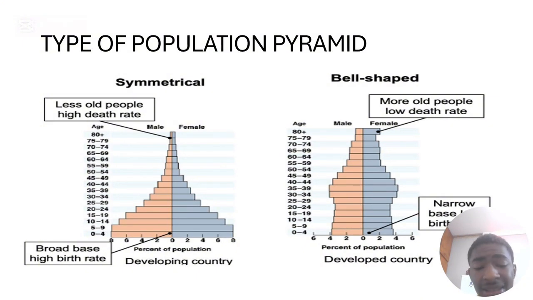What does that tell you? It tells you about a bell-shaped population pyramid that in that country or area the medical facilities are more advanced, right? That means people would want to move to the area because their medical facilities are more advanced, and that means there are high chances of you living until older age, right?